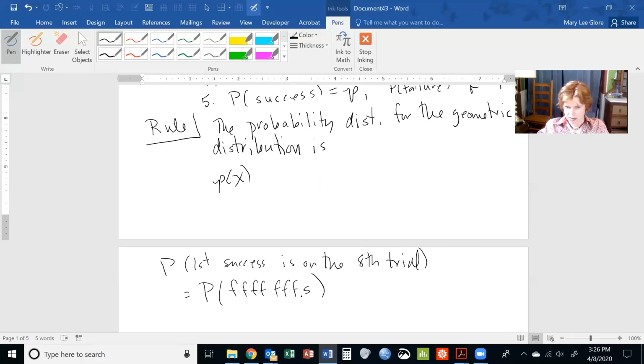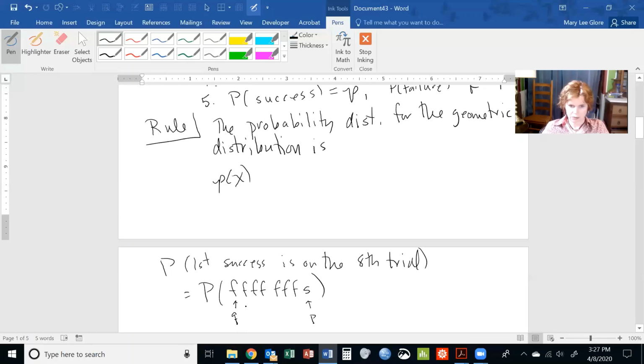Now these are independent. The probability of a failure is Q. P is the probability of success.